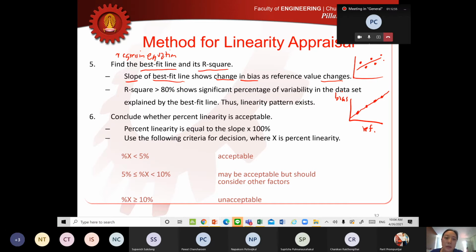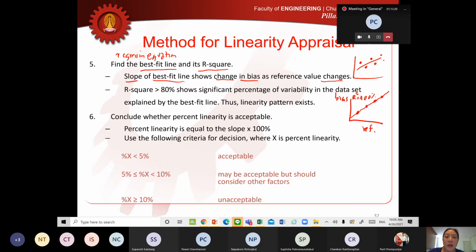In this case, that means the fit is perfect. The equation is very perfect because it can explain the data points, or explain the variation of the points, 100%, right? The equation is exactly equal to the actual values. That means the R square is equal to 100% in this case.